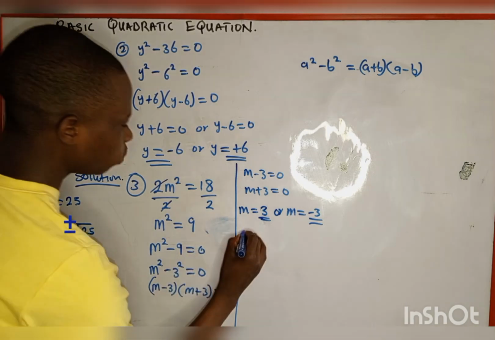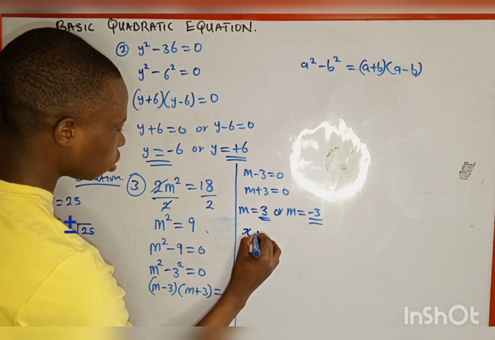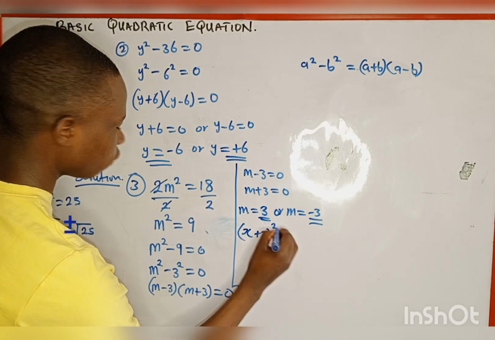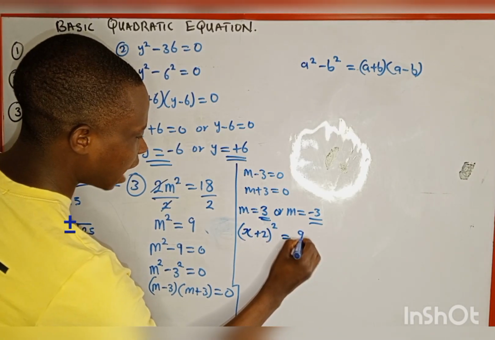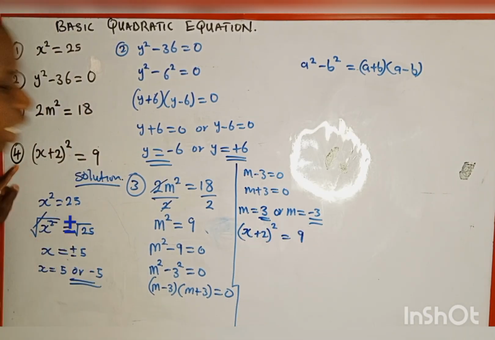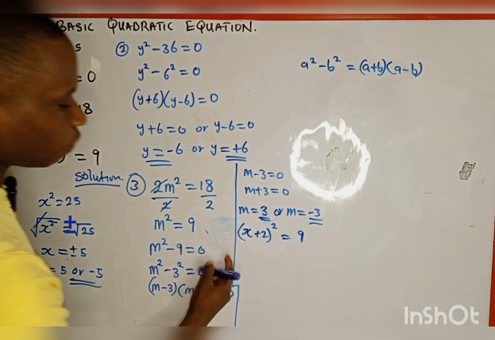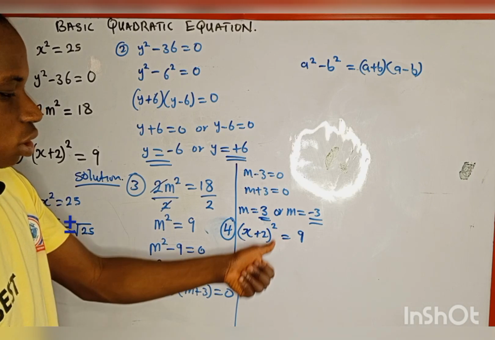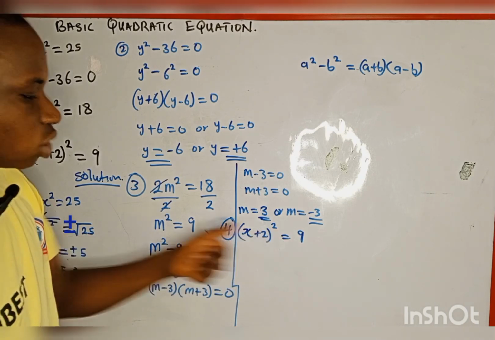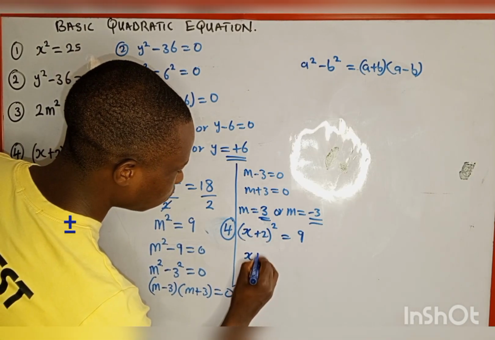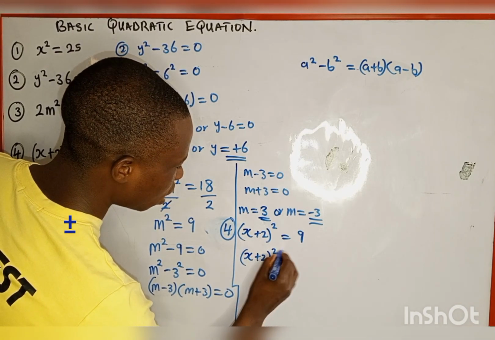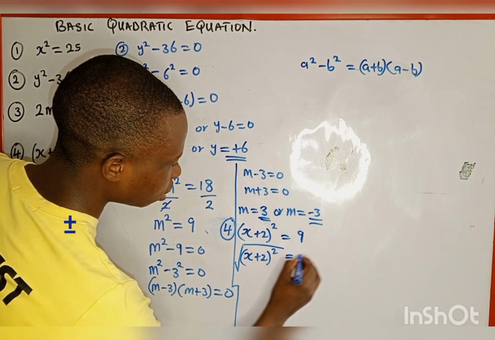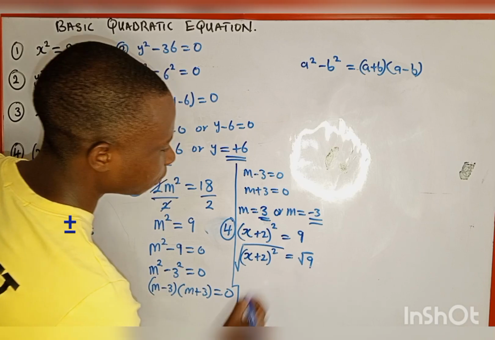Now the last one, number 4, we have x plus 2 all to the power of 2, which is equal to 9. What we are going to do here is take the square root of both sides of the equation so that we can eliminate this square. We are going to have the square root of x plus 2 square, which is equal to the square root of 9.